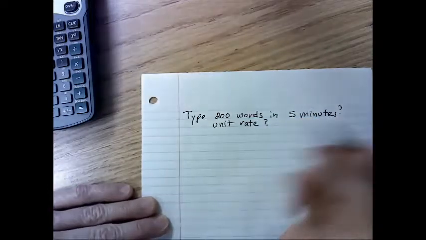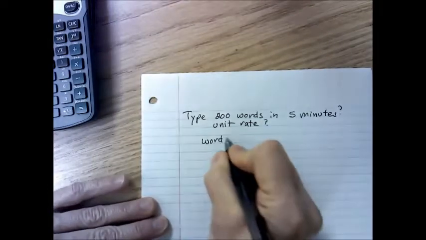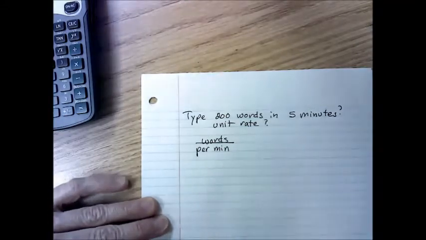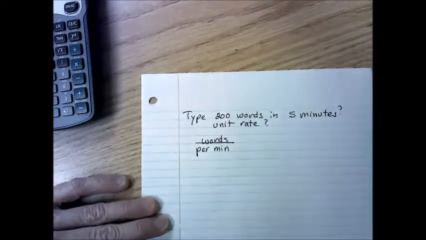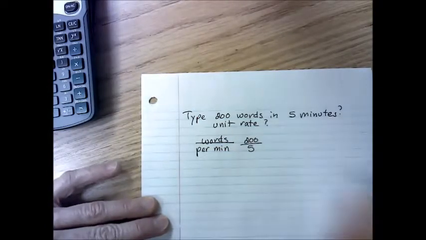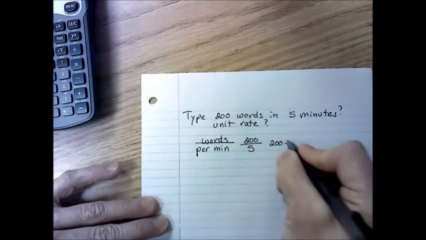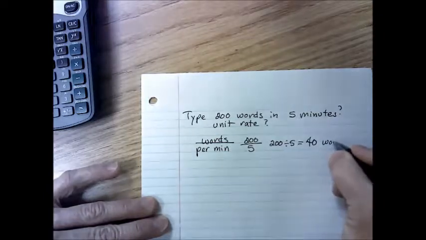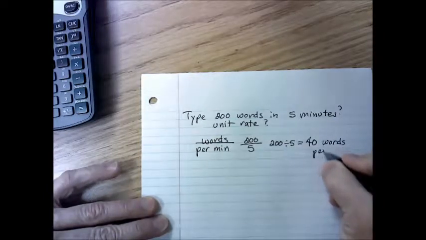The two things we are comparing again are words, and we want to know per minute. Remember, the per unit is always the denominator number. So this would be 200 words over 5 minutes. So 200 divided by 5 would be 40 words per minute.